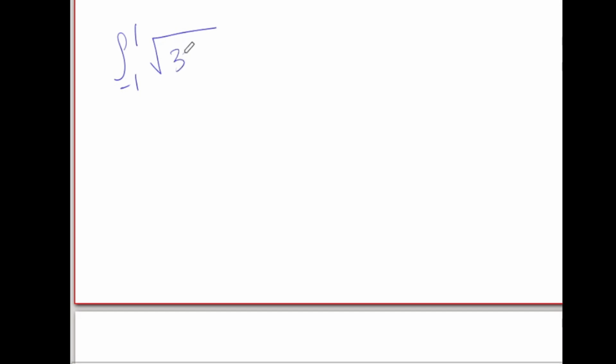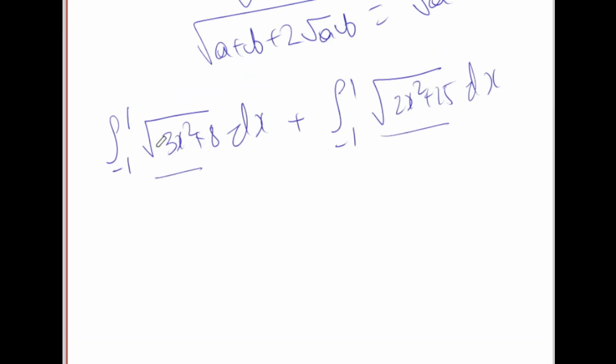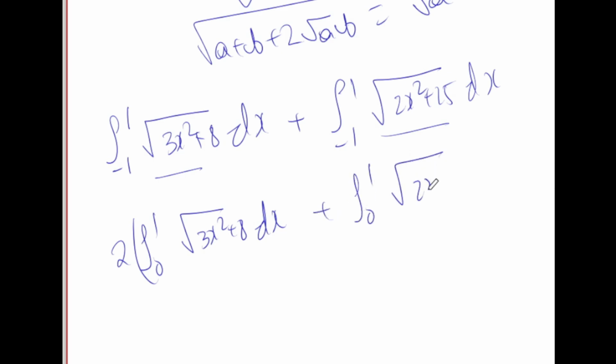So this whole thing reduces to the integral from minus 1 to 1 of square root of 3x square plus 8 dx, plus the integral from minus 1 to 1 of square root of 2x square plus 25 dx, right? Since both of these are even functions, you can replace this by 2 times the integral from 0 to 1 of root 3x square plus 8 dx plus the integral from 0 to 1 of root 2x square plus 25 dx, right?